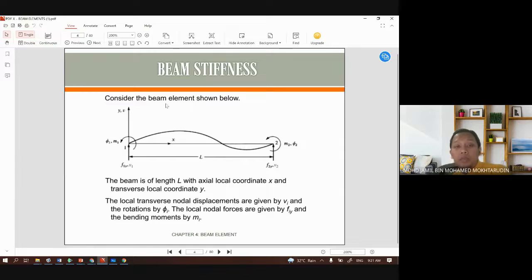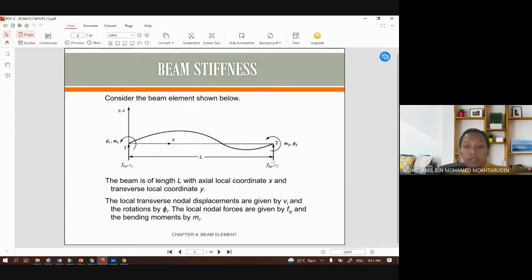Consider your beam element as shown here. You have two nodes, node 1 and node 2. At each node we have phi. Phi 1 represents the rotation of the node, and M1 represents the bending moment of that node. Similarly at node 2, we have bending moment M2 and rotation phi 2.